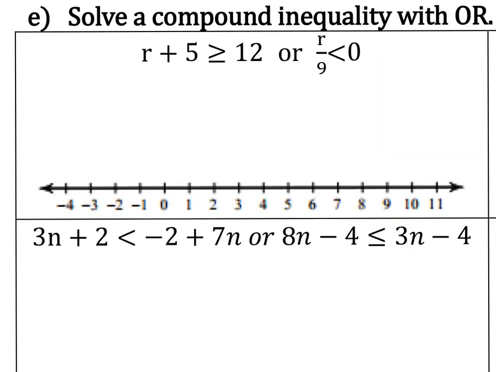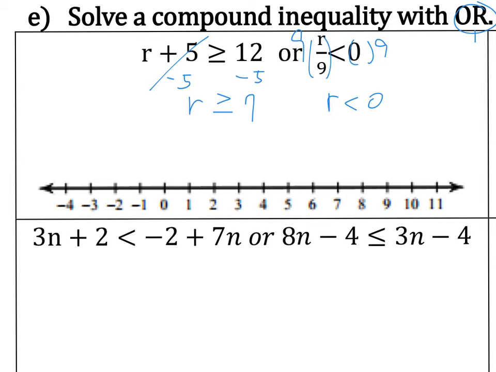Now part E deals with the situation of solving a compound inequality with OR, which means union. Union means we want everything. Okay, so minus 5, minus 5. r greater than or equal to 7. And for this one, r, just multiply 9 to both sides. r is still less than 0.